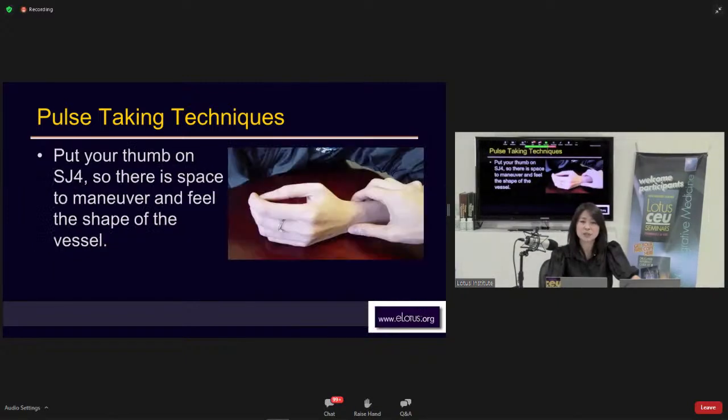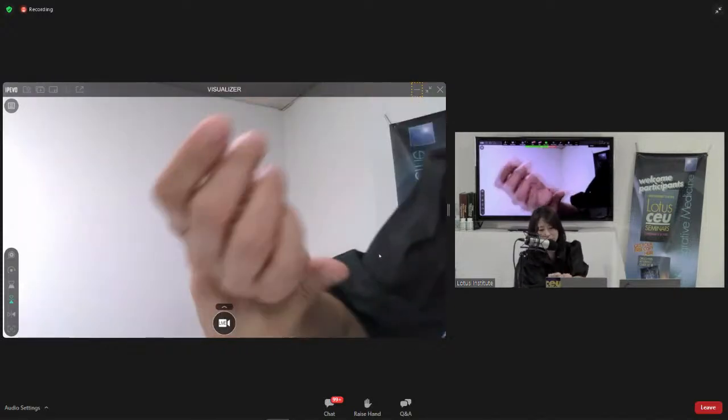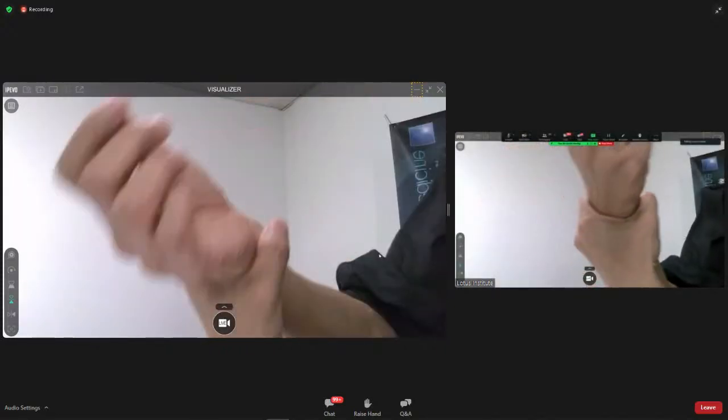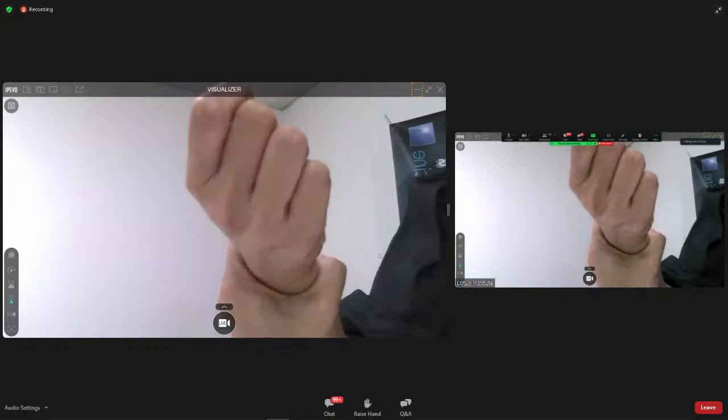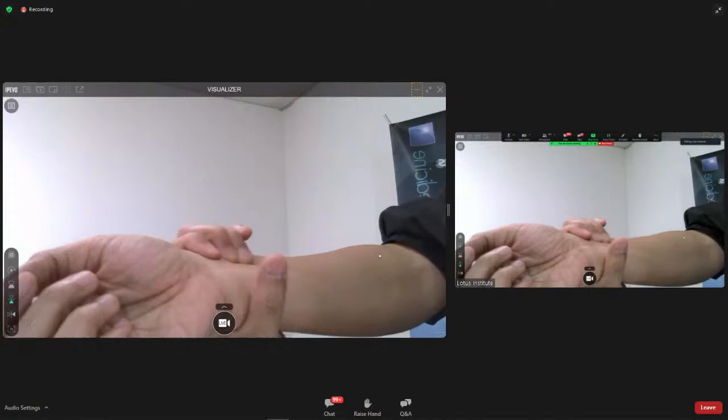And then the index finger is always the cun position. You never take the pulse like this with the index finger on the chi. It's always this way. Next, put your thumb on sanjiao 4, so there's space to maneuver. Let me turn the camera again. You're not taking the pulse like this, because this dead space here will not allow you to maneuver the finger easily.